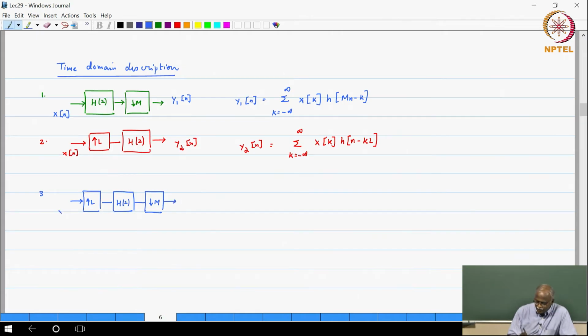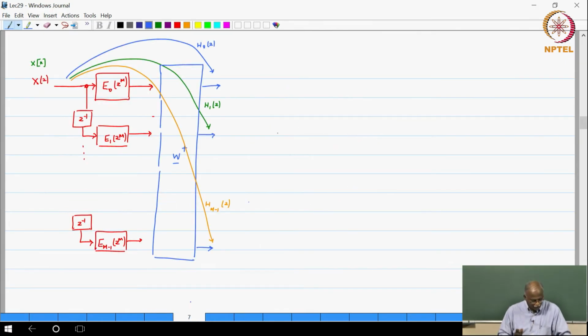In this case, if this is x of n, y3 of n we showed is summation k equal to minus infinity to infinity x of k h of Mn minus kL. Basically, it is a combination of 1 and 2. So, this is a way of representing the input output relationship, not strictly convolution, but in the form of a convolution type operation.